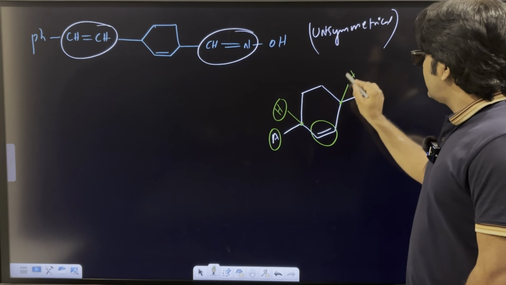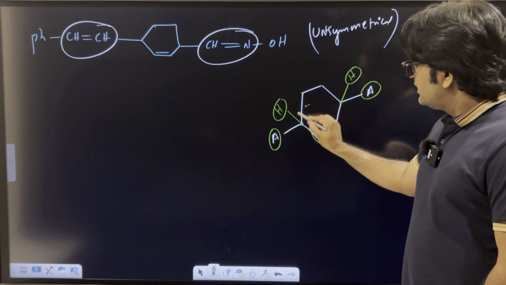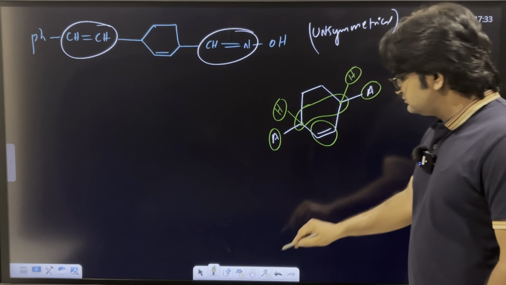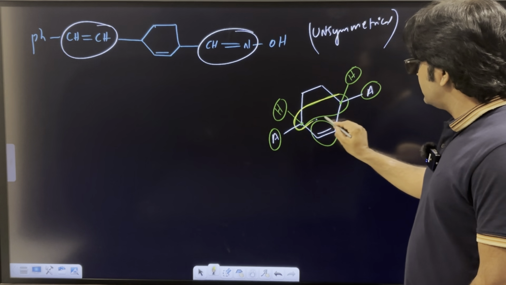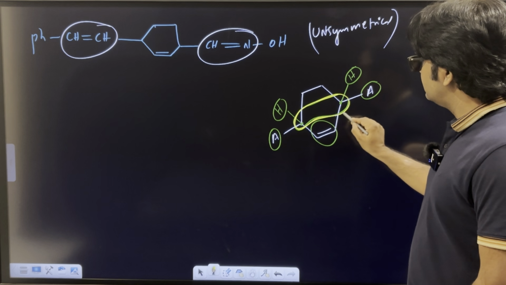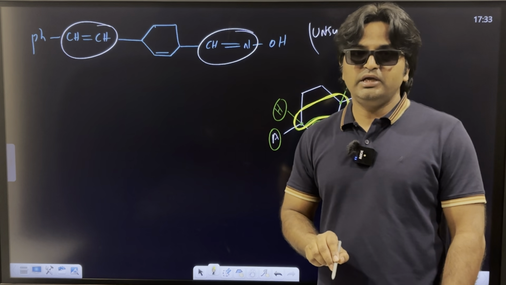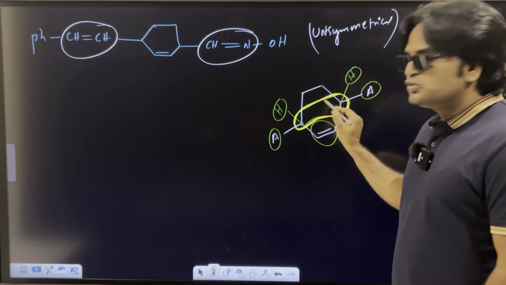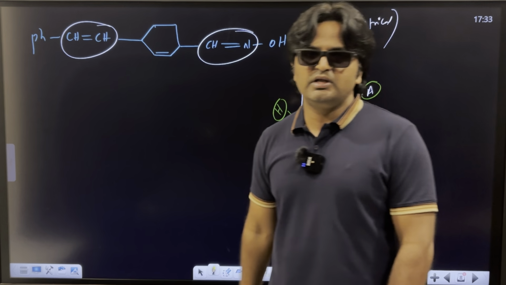They are different. Hydrogen and A, same or different? They are different. That's why this particular segment, I use this yellow color, is responsible for geometrical isomerism. The combination of these two carbon atoms is considered as one segment that is responsible for geometrical isomerism.